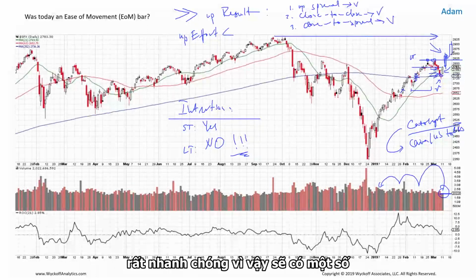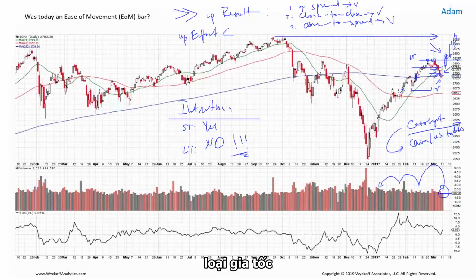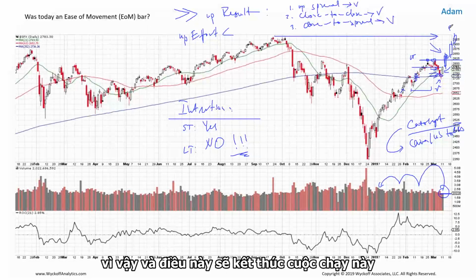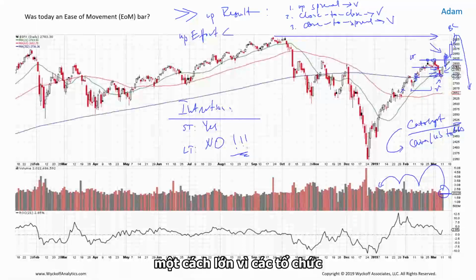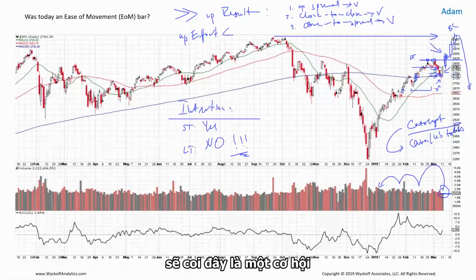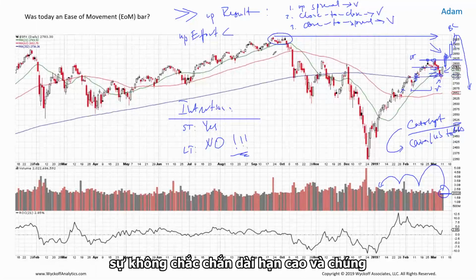So there's gonna be some kind of acceleration. That's number one. So that's the most bullish scenario that we could see. And this would conclude this run. After this, we're definitely coming back in a big way, because the institutions are going to see this as an opportunity of liquidity value close to the long-term uncertainty high, and they're going to start selling.